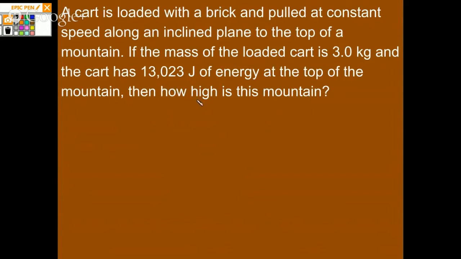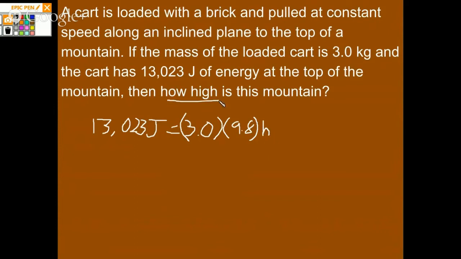For this one, we know the potential energy is 13,023 joules. Let's set that equal to 3, because 3 is the kilograms, so here's our mass, 3.0, and we multiply that by 9.8, our gravity. You always have that 9.8 to count on. And finally, our variable is h because it's asking us how high this mountain is.